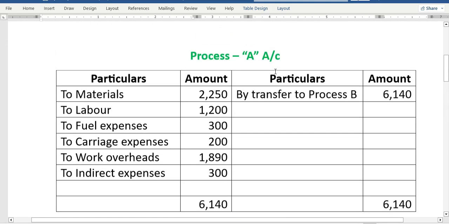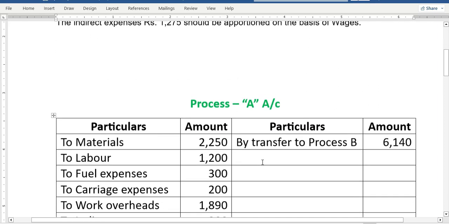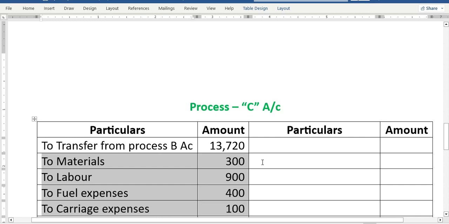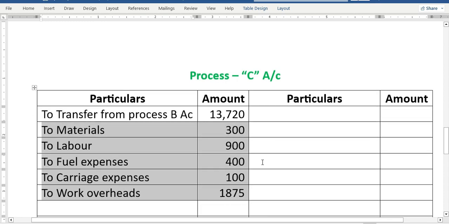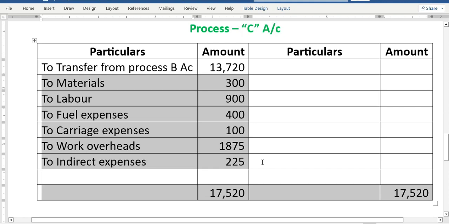And now the information in the question: material 300, labor 900, fuel 400, carriage 100, work overheads 1875, and indirect expenses 225, which we calculated in the working note. Total it is 17,520.